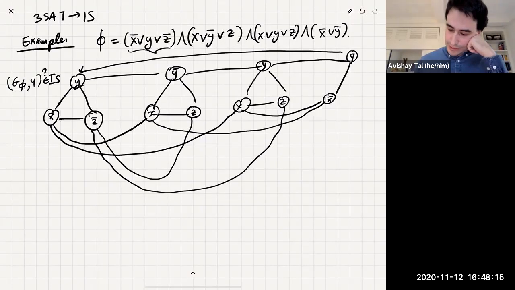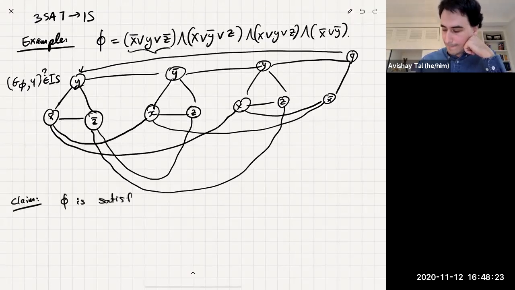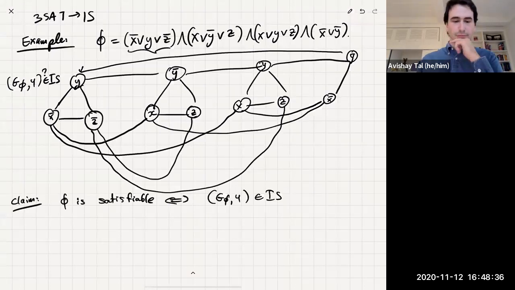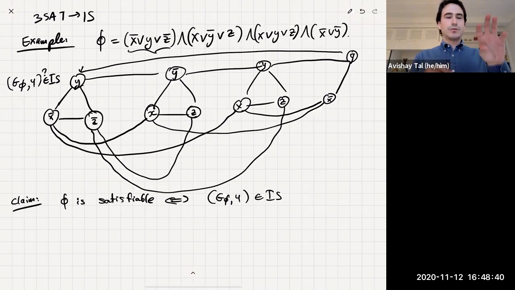In order to show that the reduction is a good reduction, I need to show that phi is satisfiable if and only if (G phi, 4) is in IS.